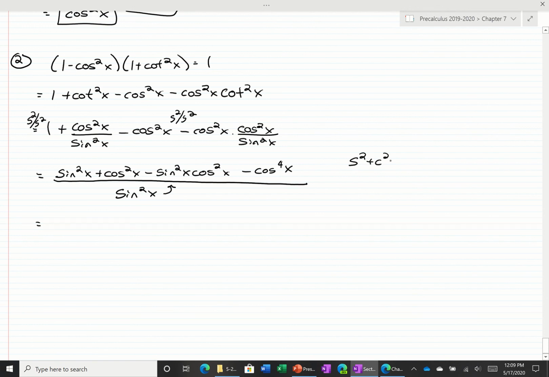So if sine squared plus cosine squared is 1, then I could say 1 minus cosine, well, let's see here. The sines I want to keep, I just want to convert the cosines.